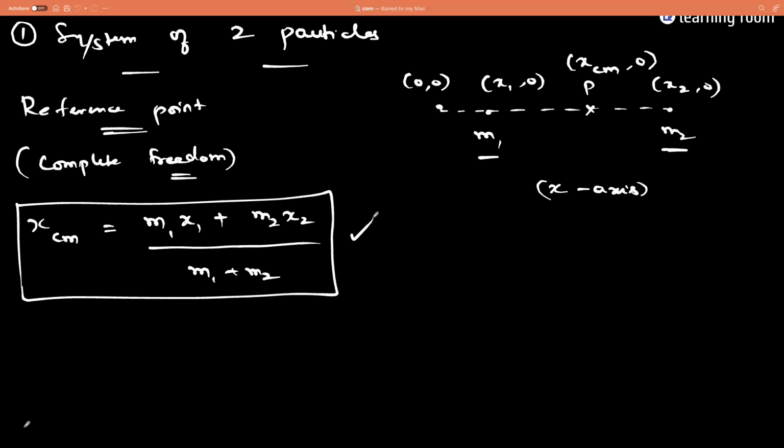Is the point clear? Okay. So this is going to be the x coordinate of the center of mass.